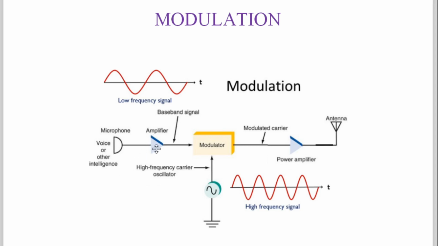Further we will amplify it, and this signal is our information signal, which is also called the baseband signal, or the modulating signal. These are the three names, and this signal is low frequency. Its time period is very large, lambda is large.